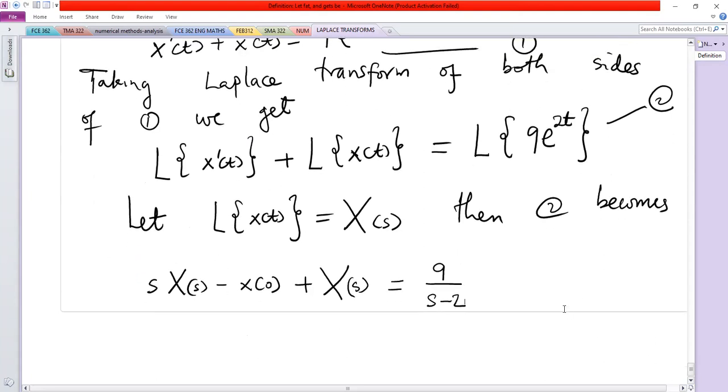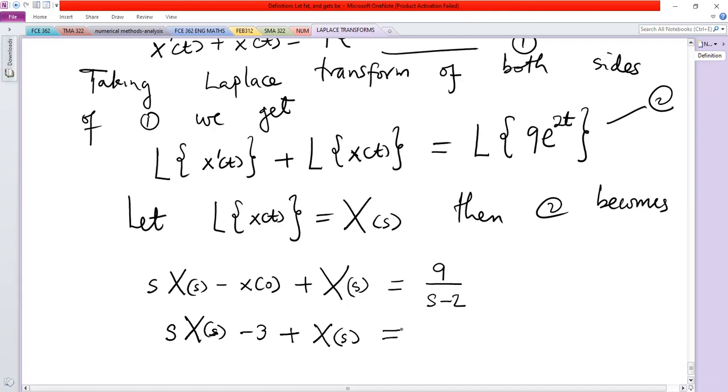And then in the question we are given that x at 0 is 3. So this will be sX(s) minus 3 plus X(s) equals 9 over (s minus 2).